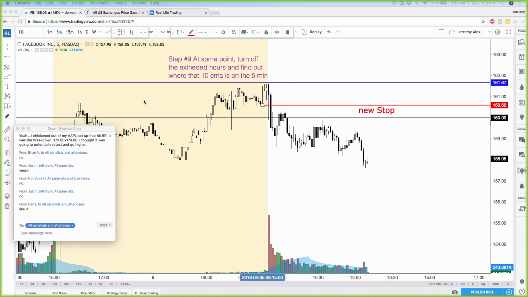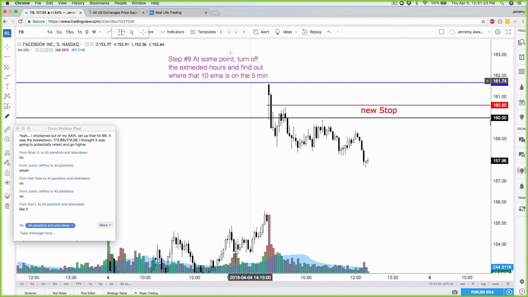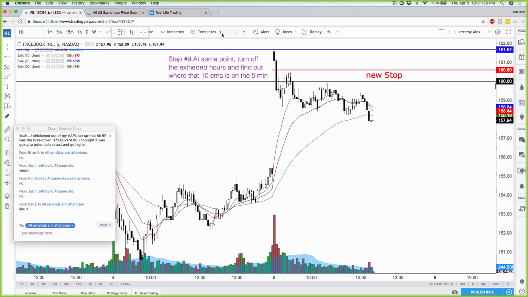Because remember, my teaching on playing bullish retest gaps is waiting for that stock to pull into the 10 EMA on the 5 minute chart and then looking to play it bullish. So if you turn off the extended hours and pull up those EMAs, you'll notice, ladies and gentlemen, where I exited was right on the 10 EMA on the 5 minute. Right about an hour. Almost like clockwork.